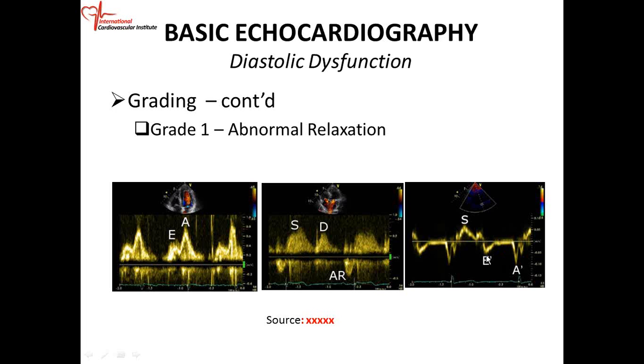So your E prime has to be less than 8 centimeters per second for there to be diastolic dysfunction. And then this would be a type 1. It would be a grade 1, because the E is smaller than the A. Pulmonary vein flow, systolic predominance, and with the tissue Doppler imaging, your E prime is less than 8 centimeters per second.